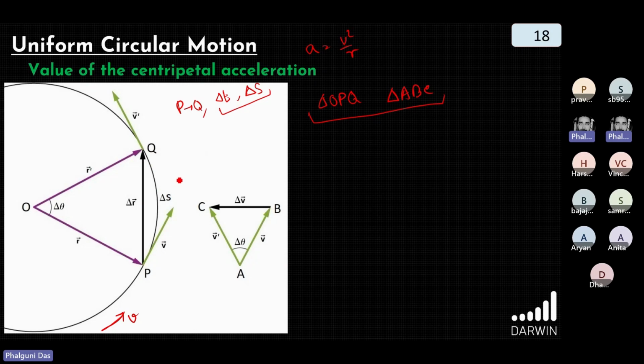They are vectors, but their magnitudes are the same because they both have magnitude v. So both are isosceles triangles with two arms equal, and the angle between them will be the same. Now, how can you say the angle between them is the same for both of them? Can you even say that?